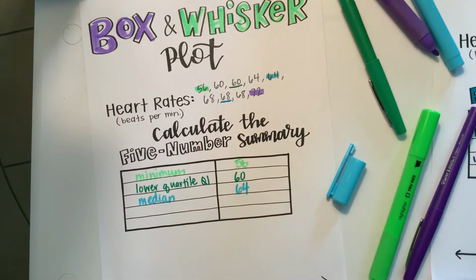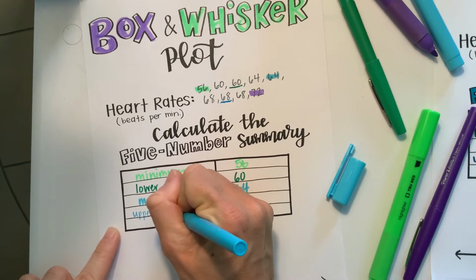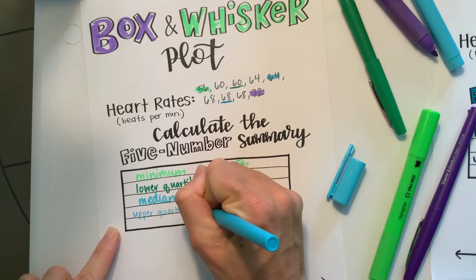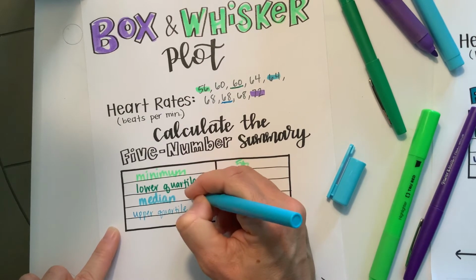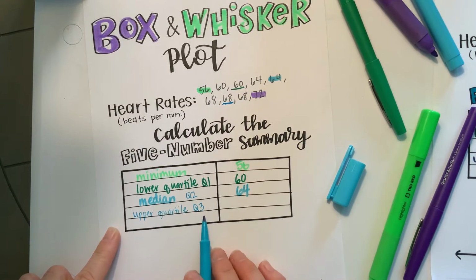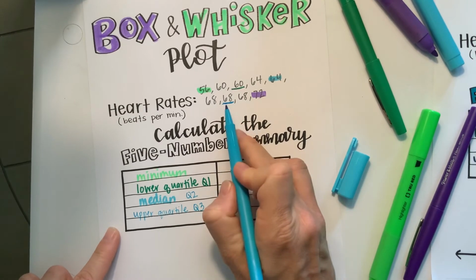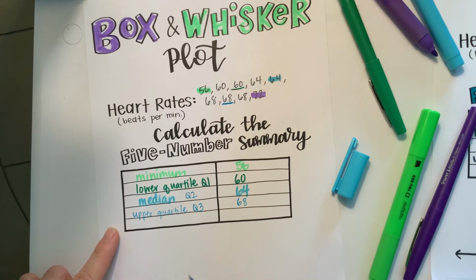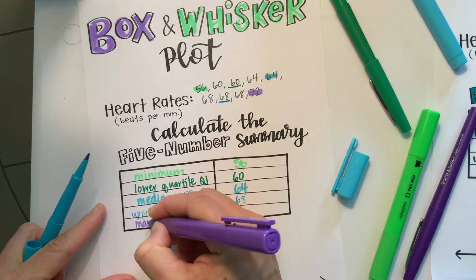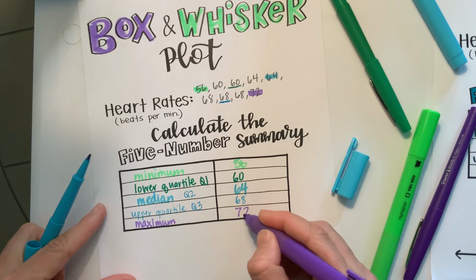And then I have my upper quartile, or Q3, because the median, of course, is quartile 2. The upper quartile, or Q3, was 68, which I found here. And then the last one, my maximum, my highest value, is 72.